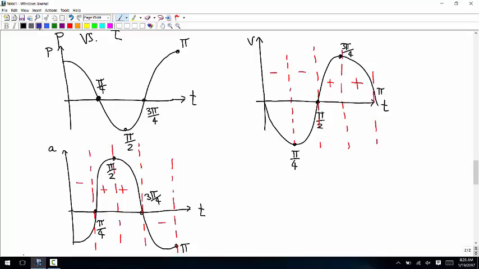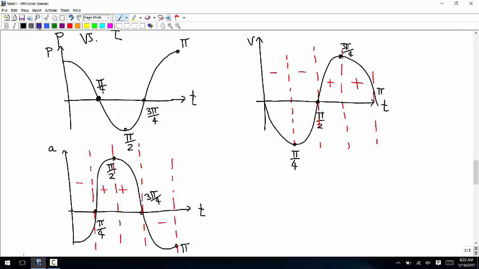And then if you think about whether it's concave up or concave down on the position versus time graph, that tells you whether the acceleration is positive or negative. So here, all of those slopes are negative. It's concave down, so acceleration is negative. So that has to be speeding up.